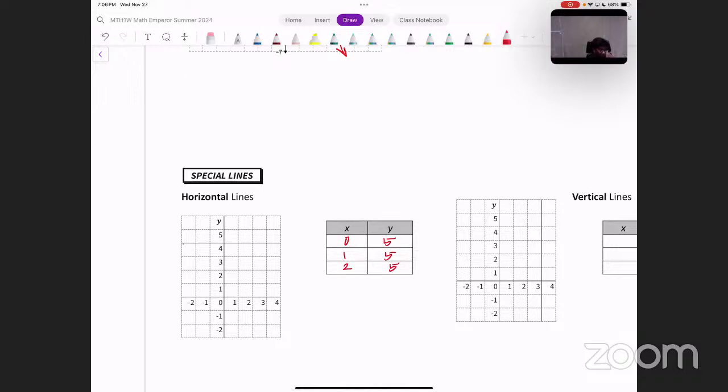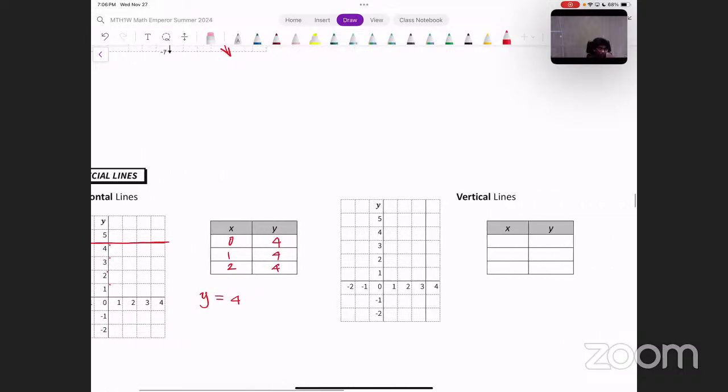Regardless of what my x value is, the y values remain the same. Actually it's 4, my bad. The points are at 4, it's going through the 4. No, this is the only way you can do it. So this equation says y is equal to 4, because every coordinate on this line has y equal to 4.